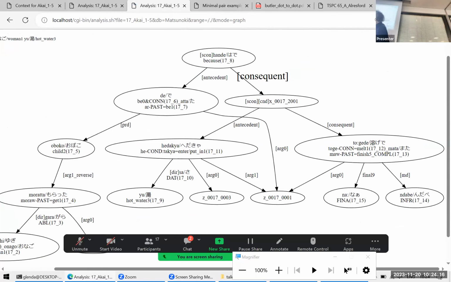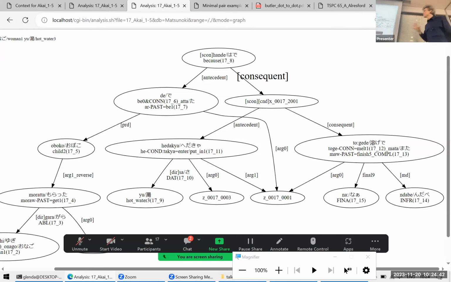So the same connections. This Z here is a zero pronoun in the data corresponding to the mother and father, and this is a zero pronoun corresponding to the old woman who puts the poor child into the boiling water and melts away.